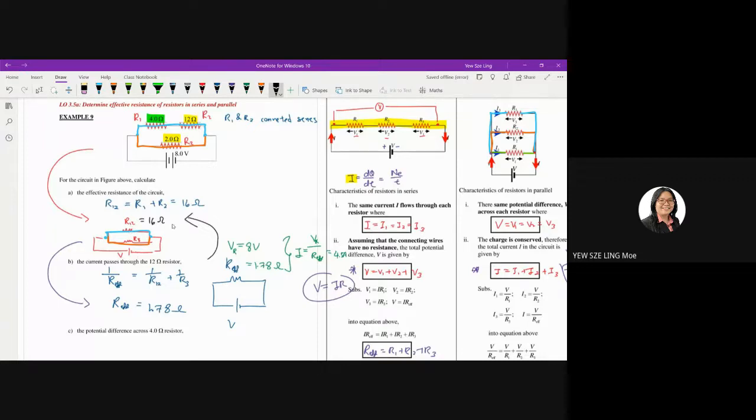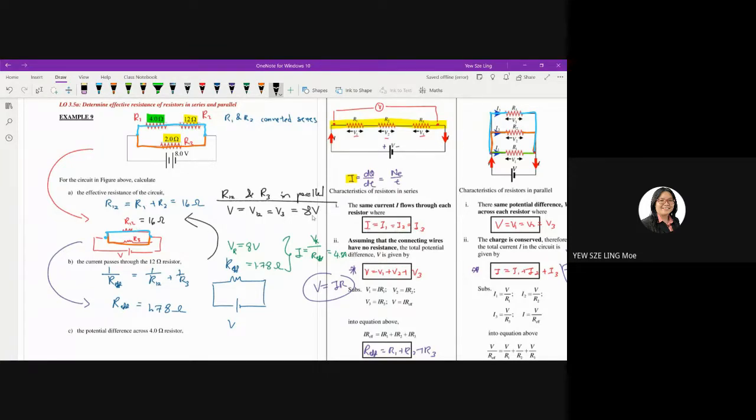According to the diagram, R12 and R3 are in parallel. If they are in parallel, what does it mean? It simply means V total is equal to V12 equal to V3. So this is the information that I have, and it is equal to 8 volt.